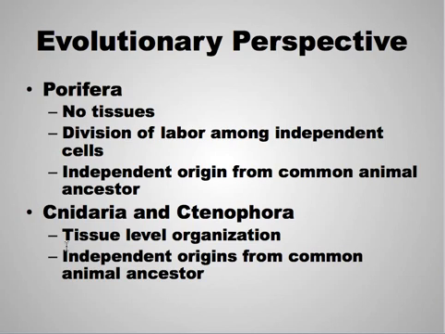Then we'll move into the cnidarians and the ctenophores. So these are going to be the sea jellies, or not the sponges, the sea jellies. You may know them better as jellyfish, and the sea walnuts, which you may not be as familiar with.